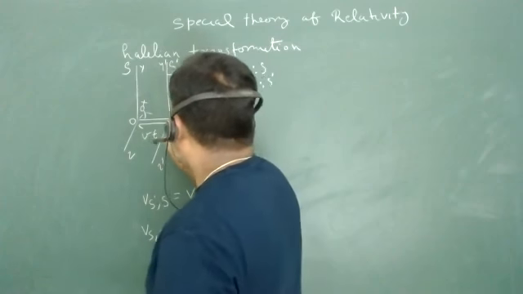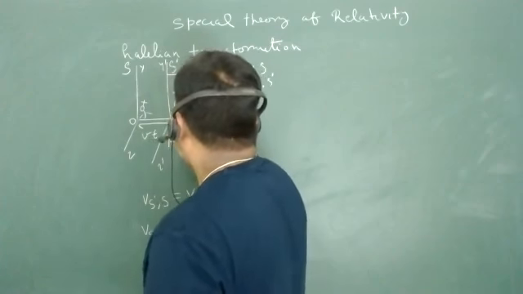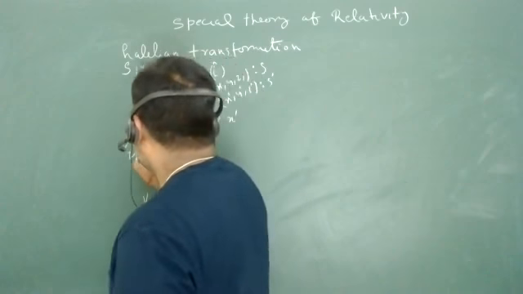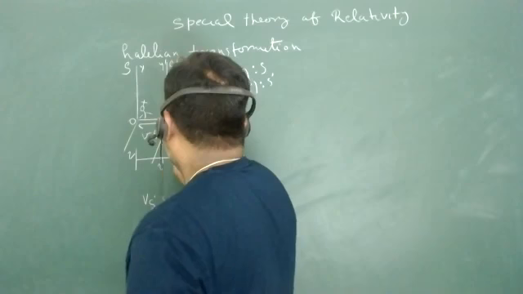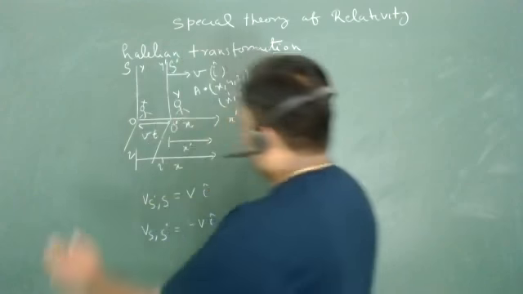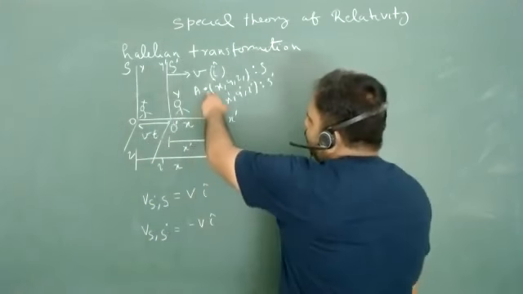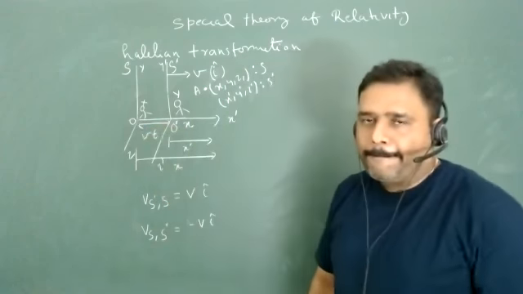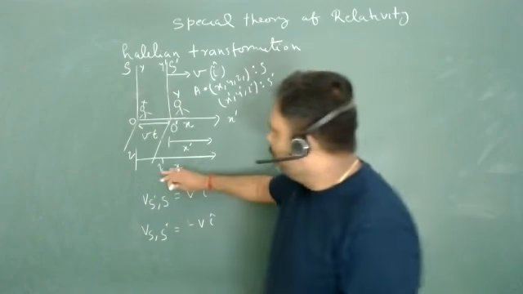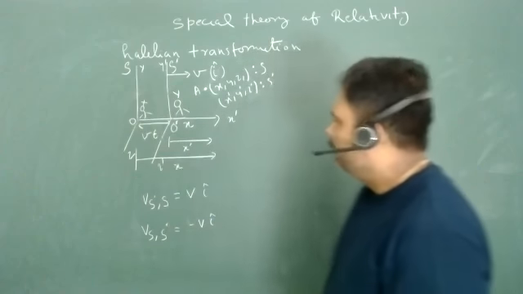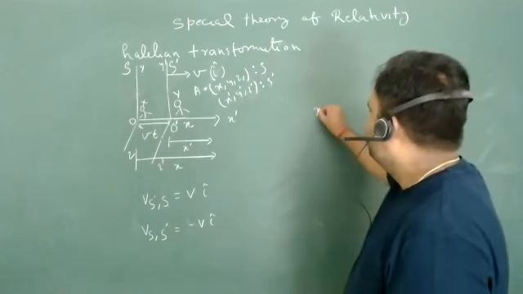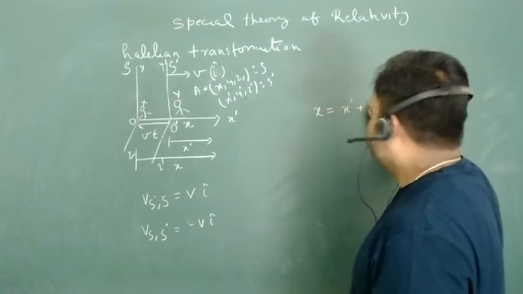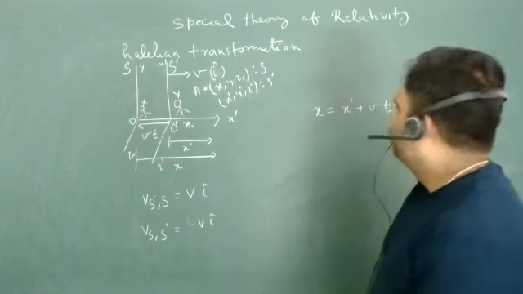What will this distance be according to x? This will be x dash. What will this distance be? x. You will see this point in this particular length scale. So what is the relationship between x and x dash? Can I say that x is equal to x dash plus vt? Can we write that?